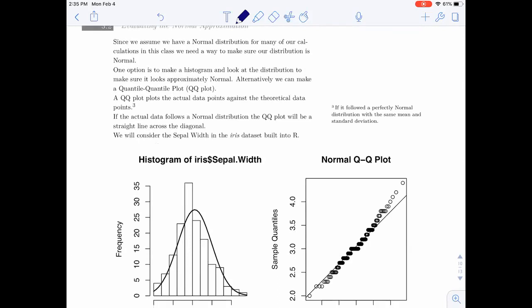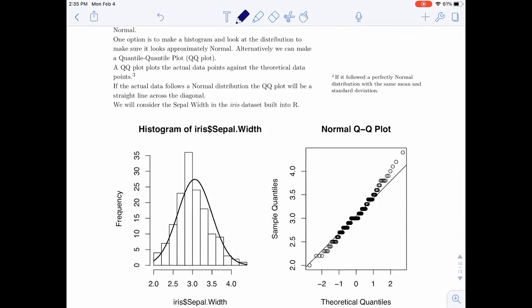So a perfectly good option, don't get me wrong, is just to plot your data using a histogram. Does it look approximately normal? Yes, great, you have a normal distribution. Okay. The QQ plot is going to look something like this.